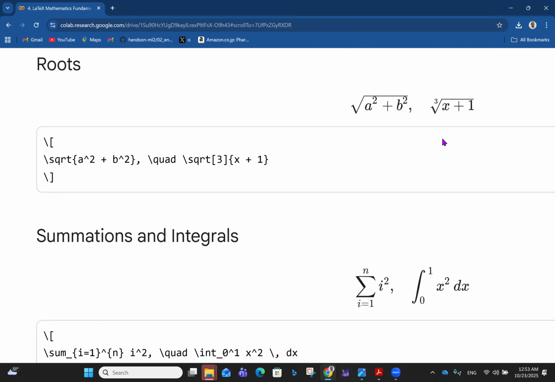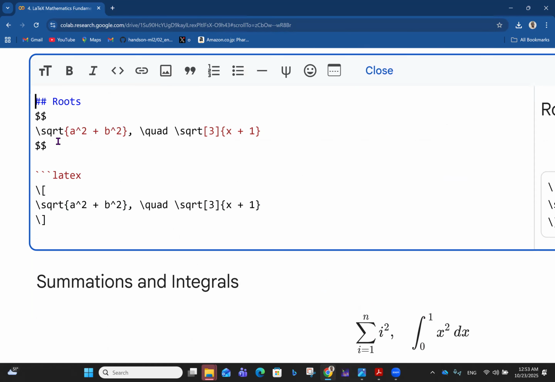Then for roots, double dollar will do square root. So for roots, you have backslash sqrt of a squared plus b squared in braces. Then this quad is to space it, and then you have sqrt with 3 for x plus 1, which means the cube root of x plus 1. And here it's just the regular square root of a squared plus b squared.